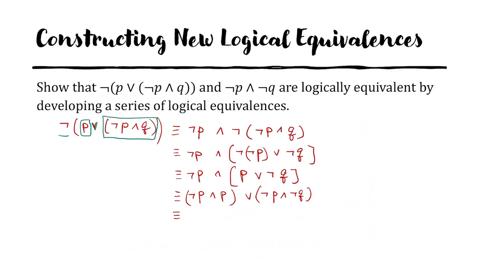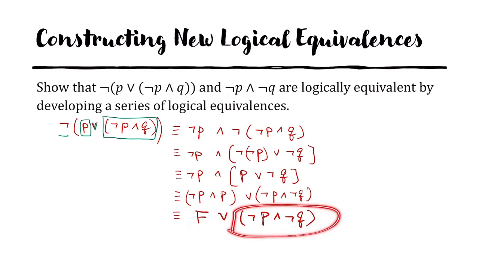Okay, if you say no, this means it will always be false. Right, so not P and P will always be a false statement. So this is the contradiction. Or you have false statement or not P and not Q. And then we learned that when we have a contradiction in an OR relation with another proposition, it's false only if all the propositions are false.